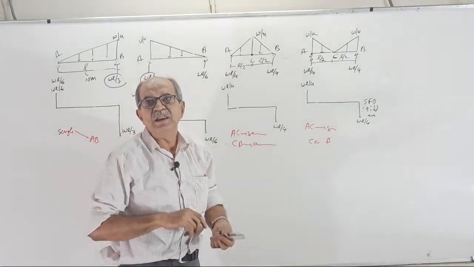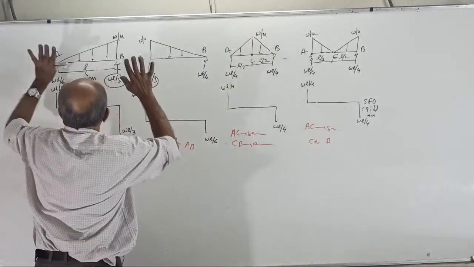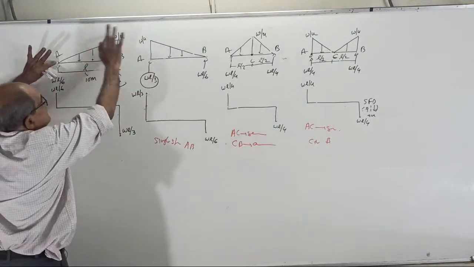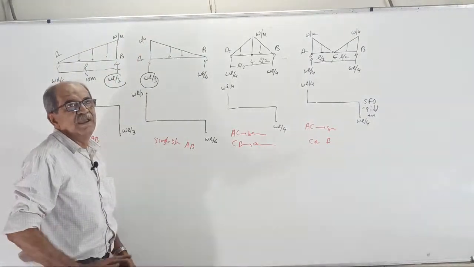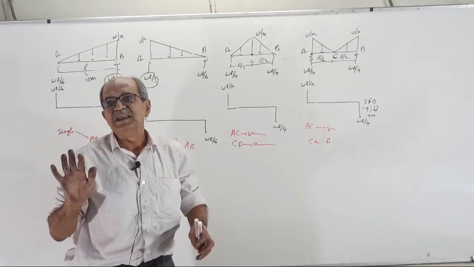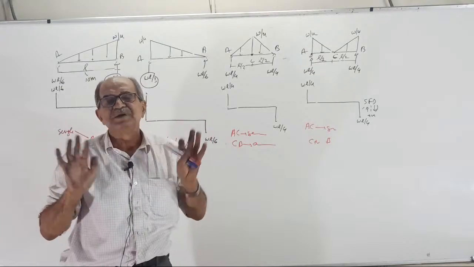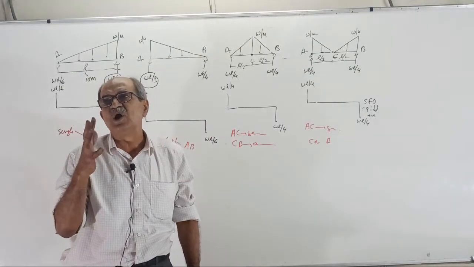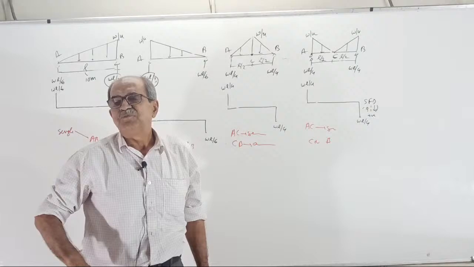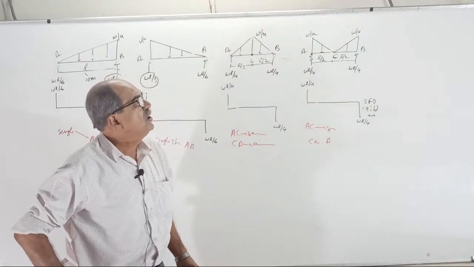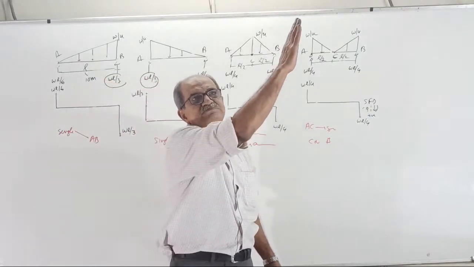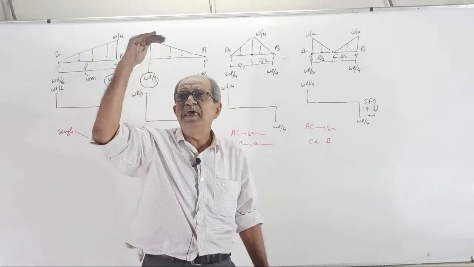And one more thing I will tell you. When intensity of load increases, this is a new imagination. Remember, imagination. Some will say, sir, this way journey is not there. Imagine, a flight can take off and go up and up and up, or a flight can only come down and down.